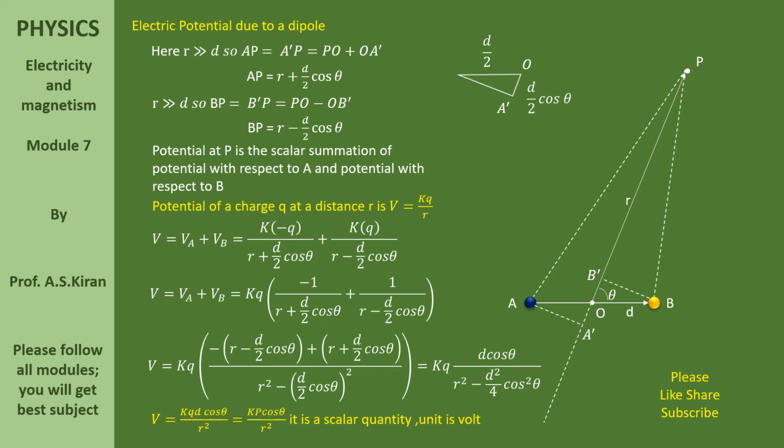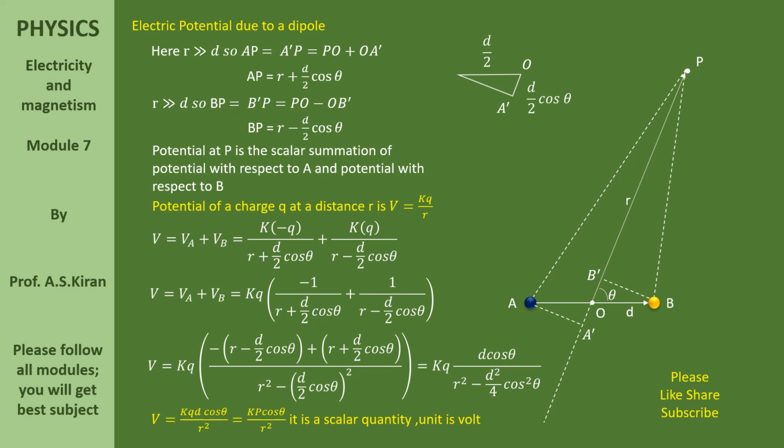What is that? Once again, please remember it as a note. It is going to be a formula for you. Please try to learn it. V is equal to k q d cos theta by r square. But already we know that what is qd?